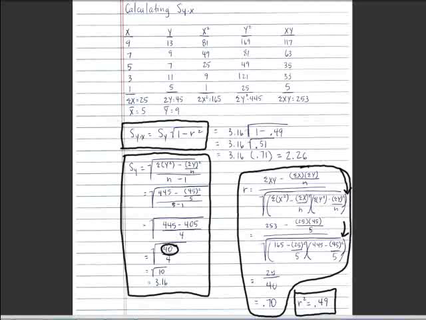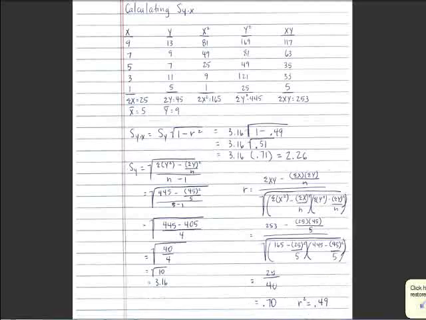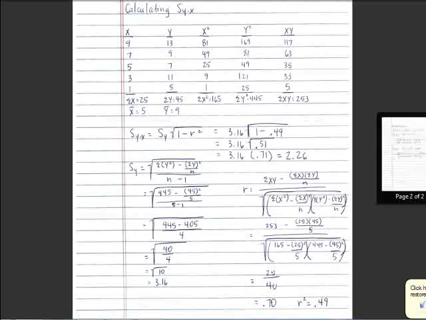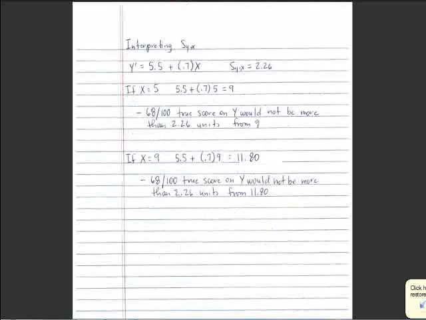Now let's move down the page and talk about interpreting this sy.x. When we created our prediction equation, we found that our y-intercept was 5.5, our slope was 0.7, and we just calculated that our sy.x is 2.26.